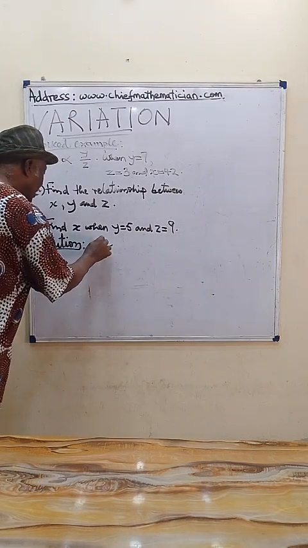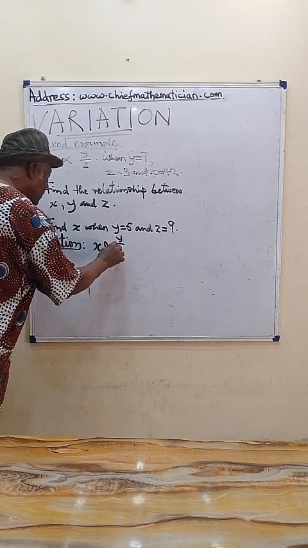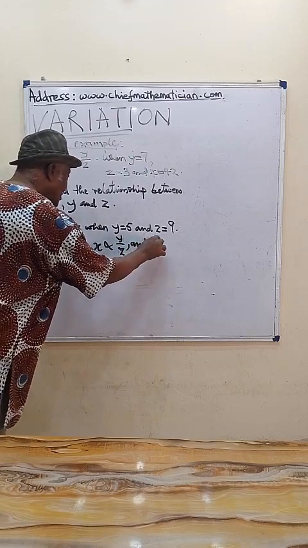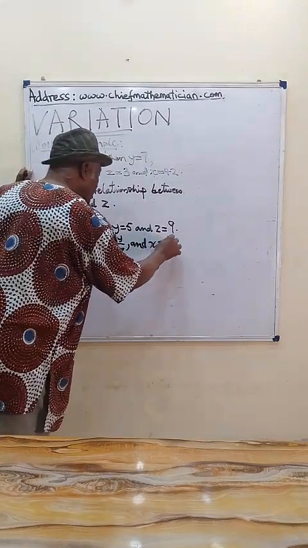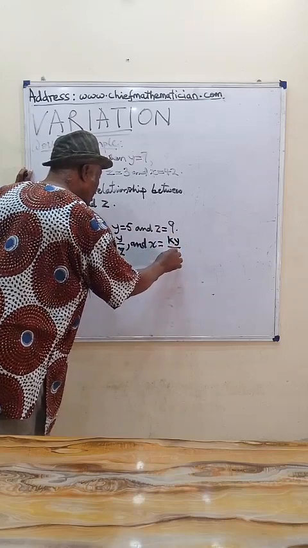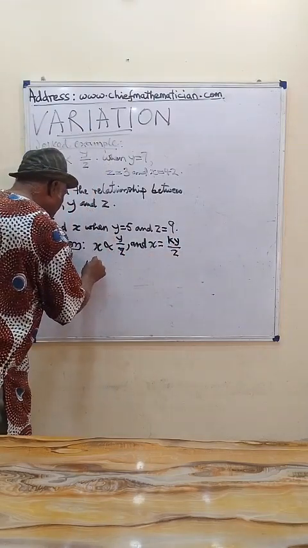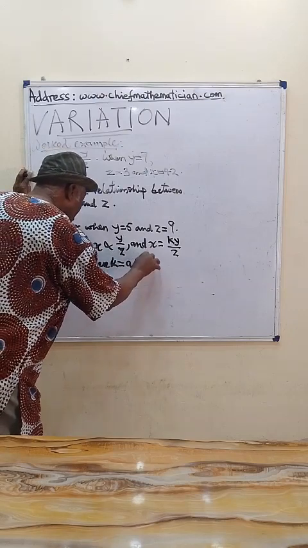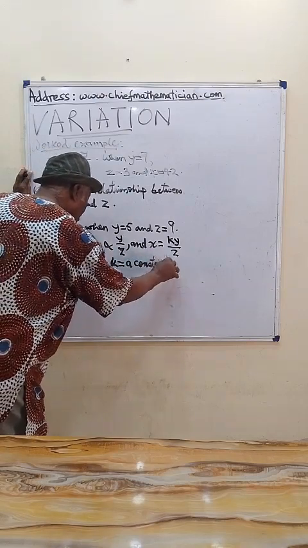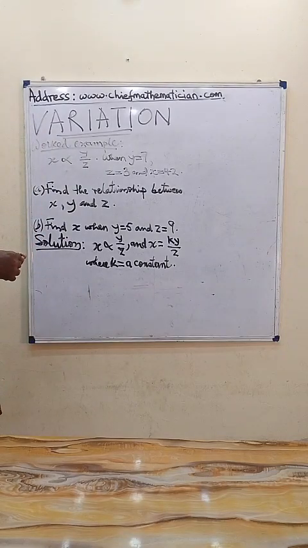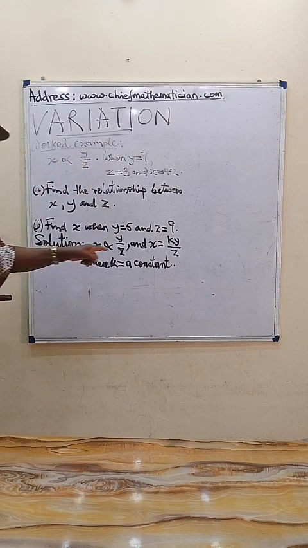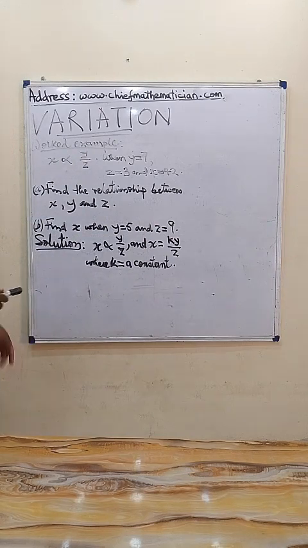Now, by way of solution, x varies as y over z, and x is equal to ky over z, where k is equal to a constant. With the values of x, y, and z given to us, we can now find the value of k.